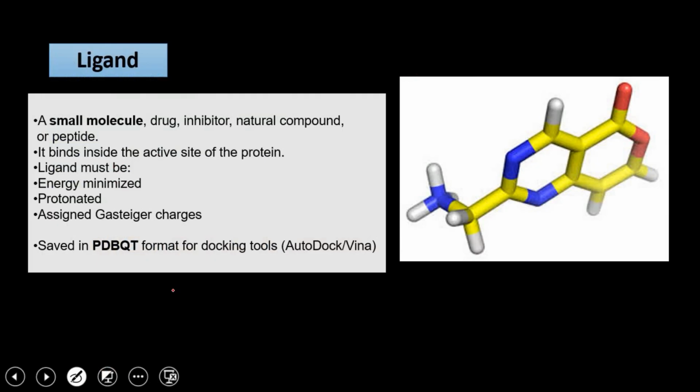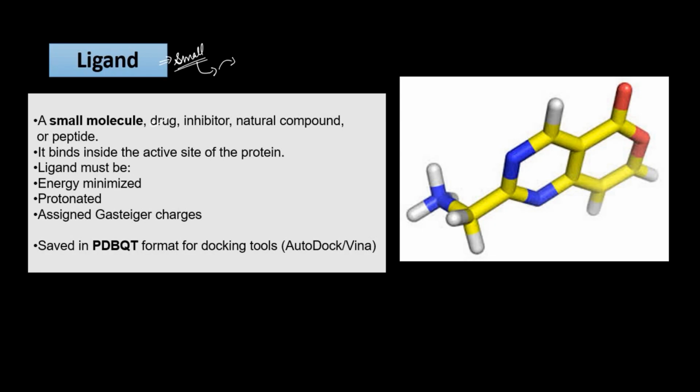Okay. Now we discuss the next point, that is the ligand. What is the ligand? Ligand is a small molecule that will bind to the receptor and perform its task.